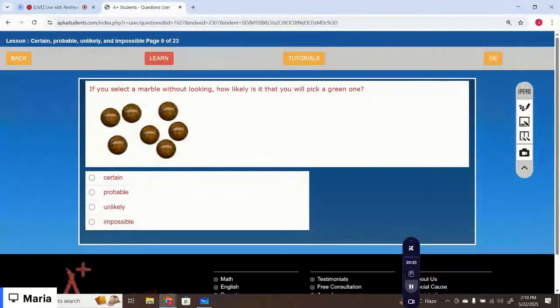If you select a marble without looking, how likely is it that you will pick a yellow? Impossible. We do not have any, so it is impossible you will select the yellow, right?